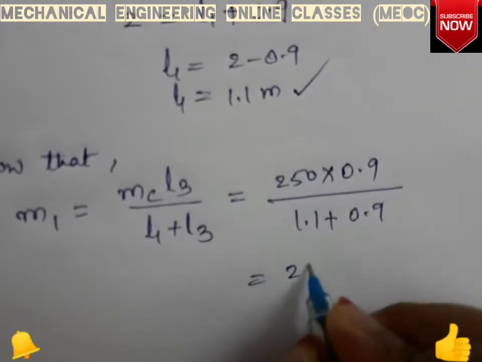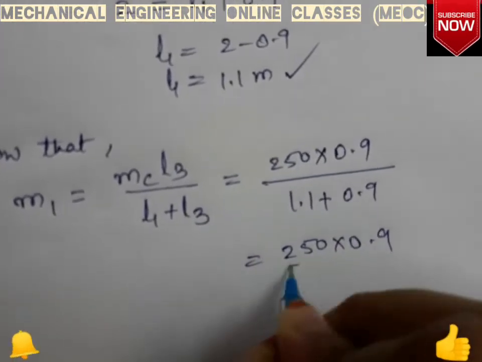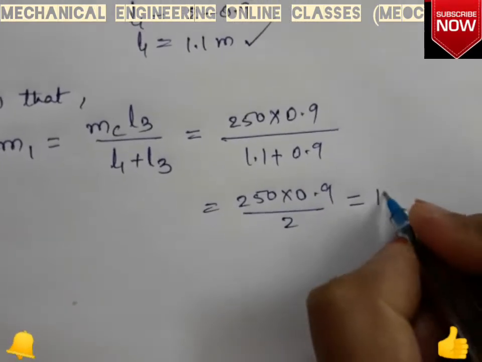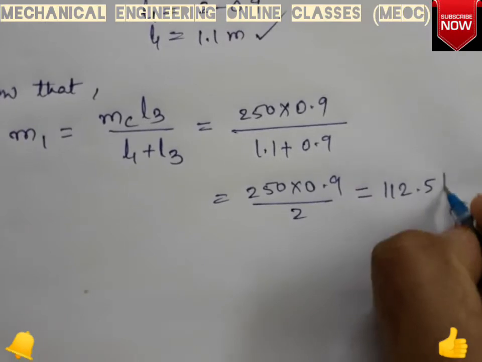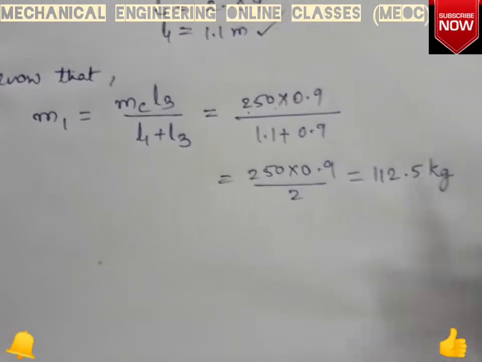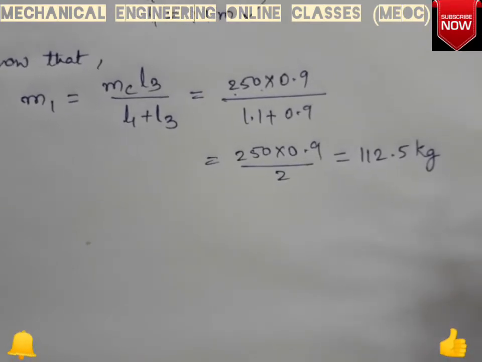So this is 250 into 0.9 by 2, which will be equal to 112.5 kg, because MC is given as 250 kilograms. So this will also be in kilograms.